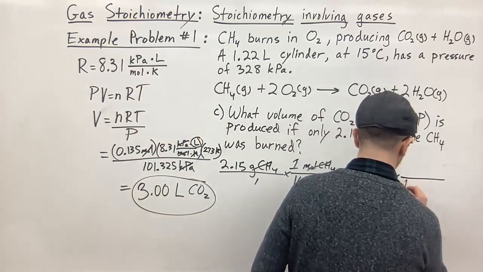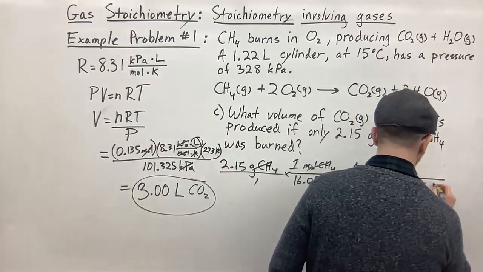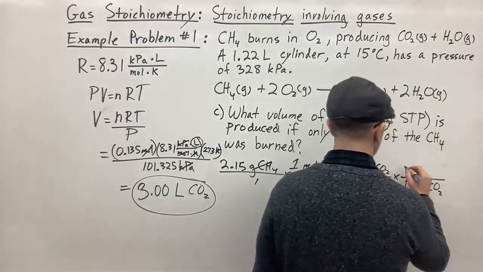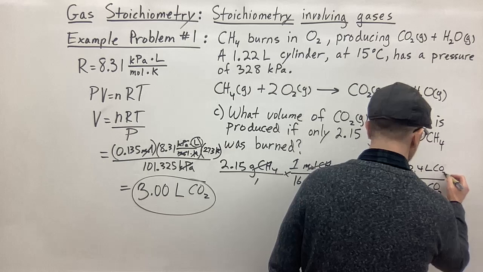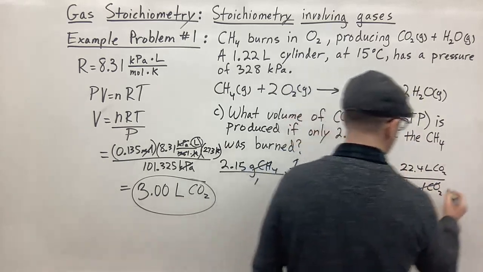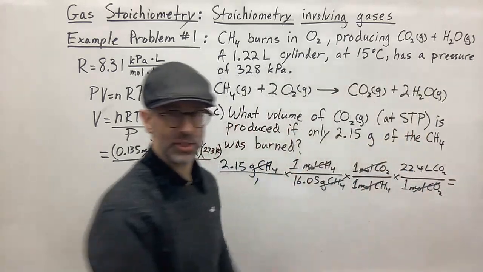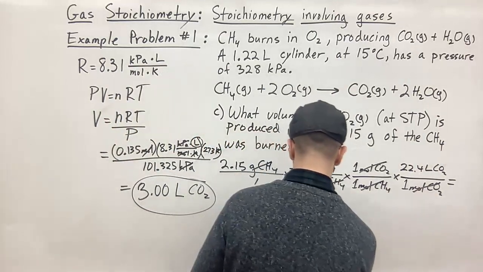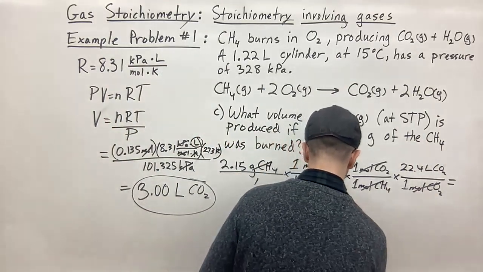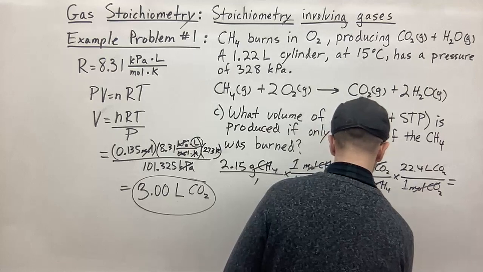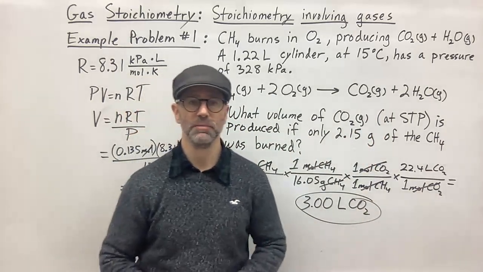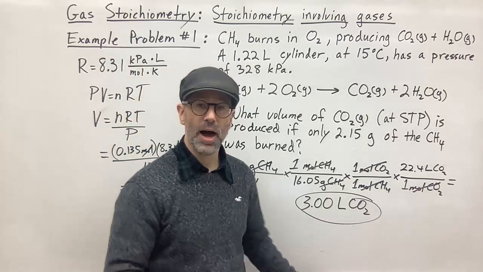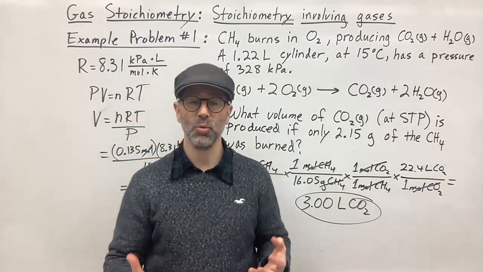So 1 mole of CO2 is going to be equal to 22.4 liters of CO2. So moles cancels out, and if I do that calculation, I once again get 3.00 liters of CO2. So either way works. Okay, so that's example number 1.